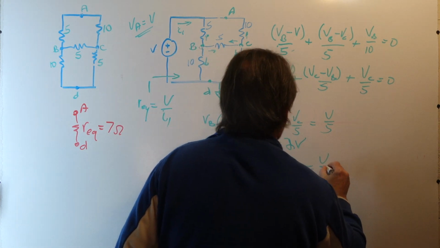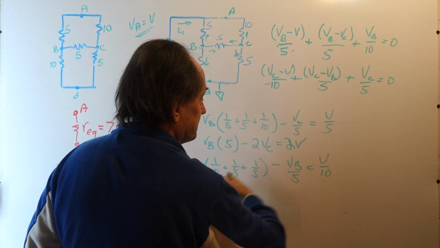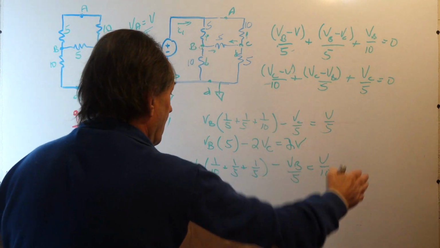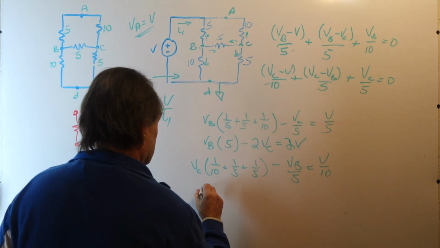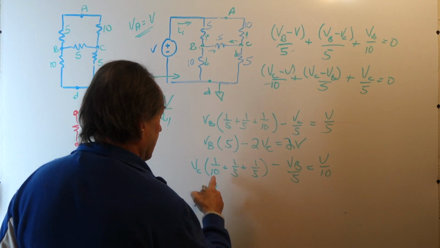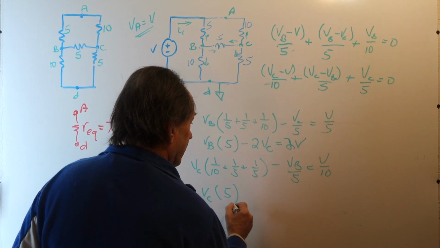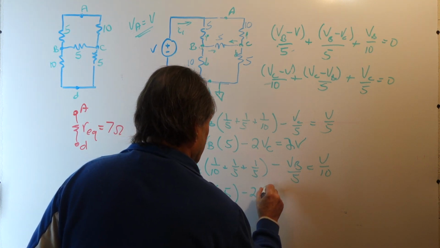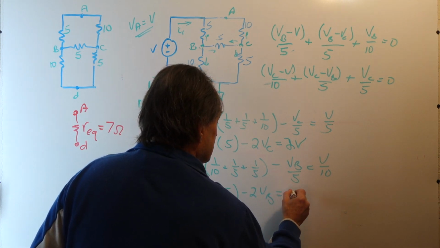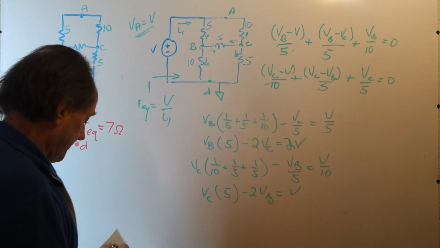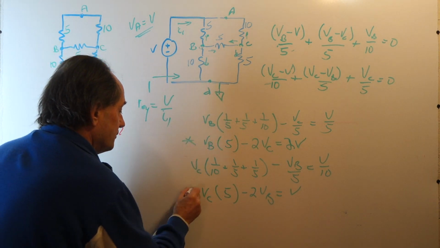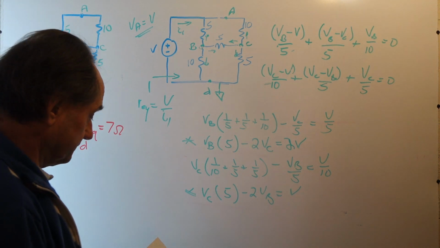I'm just going to put the minus V over 10 on the left side and put it on the right side. Again, I'll multiply through by 10. So I end up with VC times 1 plus 2 plus 2, which is 5, minus 2 VB is equal to V.